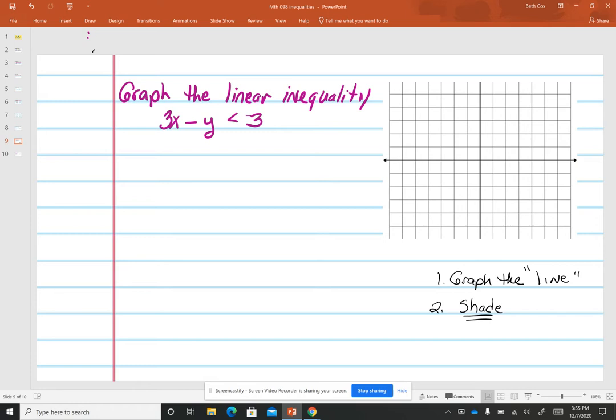So the line is equals, and when we shade above the line, that's greater than, and we shade below the line, then that's less than. Then we're going to check it by doing a test point.